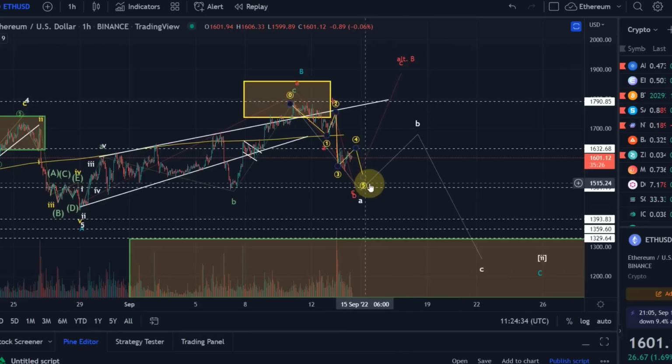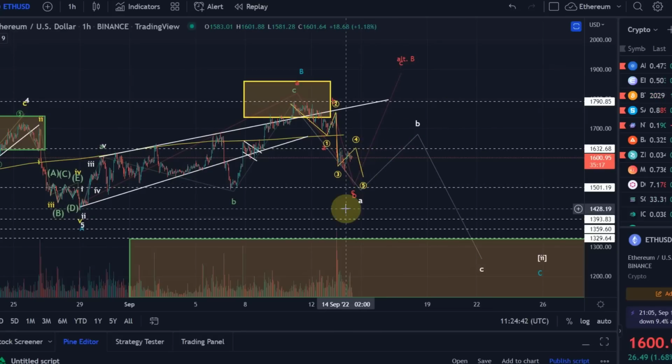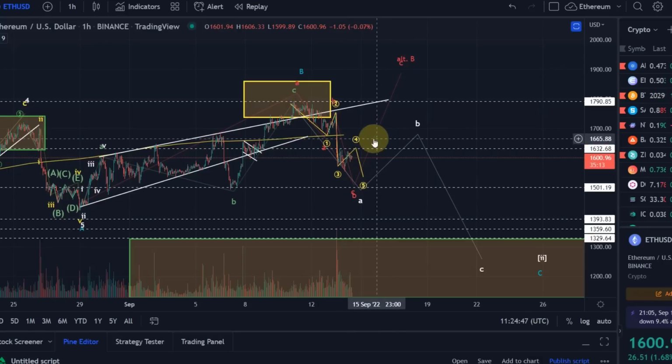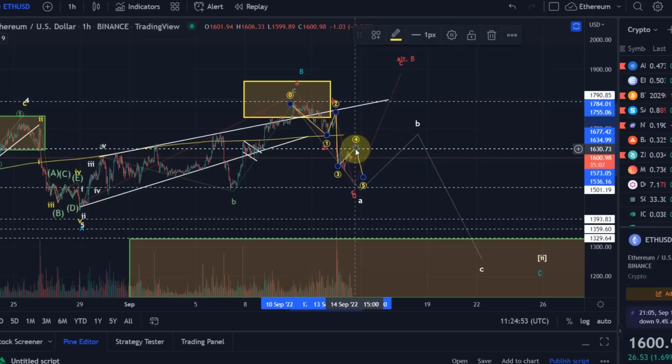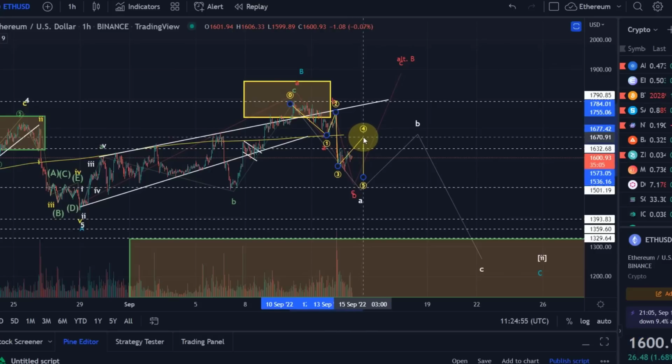2 of them point to the upside very shortly, either directly if we break above 1632, or after a move down, then go up. So this is currently how I would see the market, and it gives you the key breakout points. Even if we go above 1632, I cannot rule out that it is just simply an extension of the wave 4.